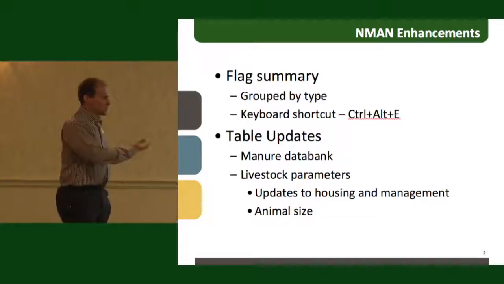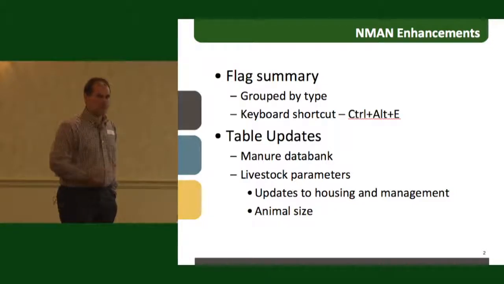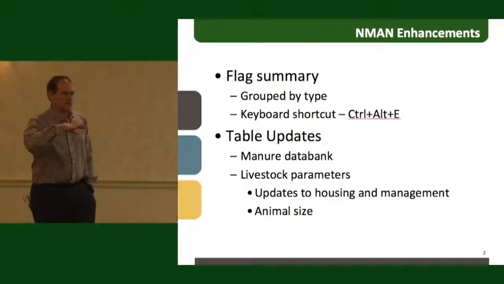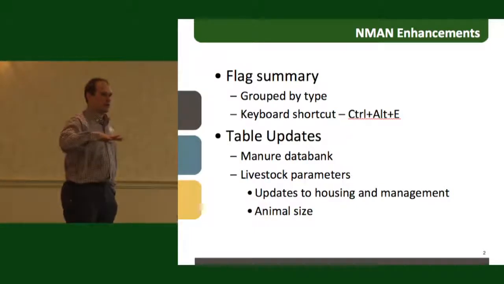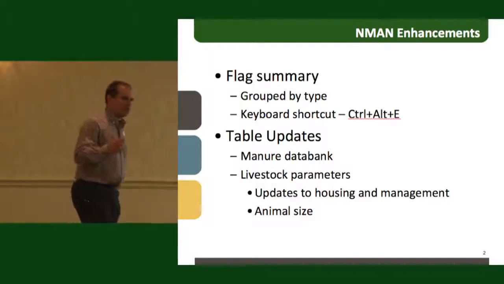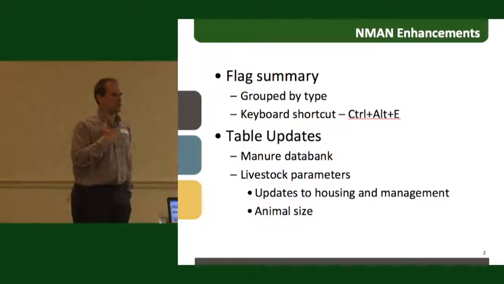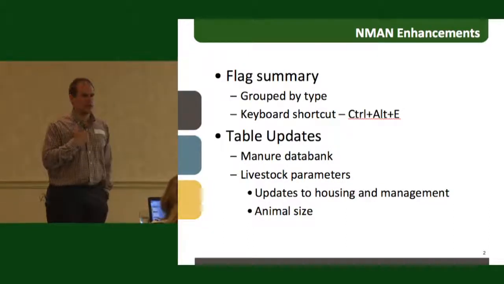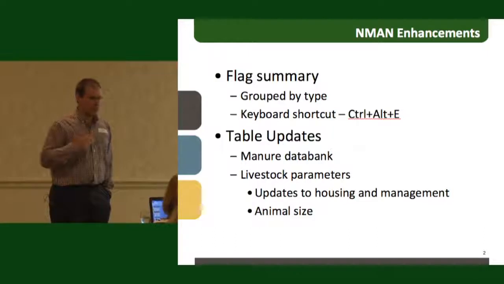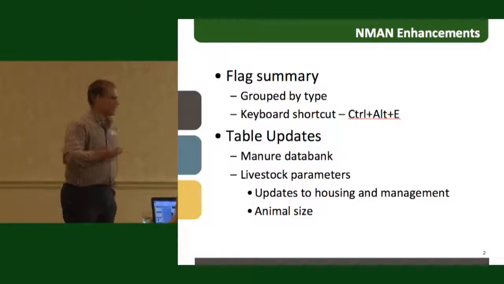I'm on the Agrisuit committee, so that's something I can take to them. Things are sorted in an odd order. There's a reason for it. I don't know what it is. But if it upsets you, let us know and maybe we can change the sort order on it. But I think the best way to do it is send me an email, dale.mccomb@ontario.ca, and I can feed that back up to the NMAN committee or the Agrisuit committee.